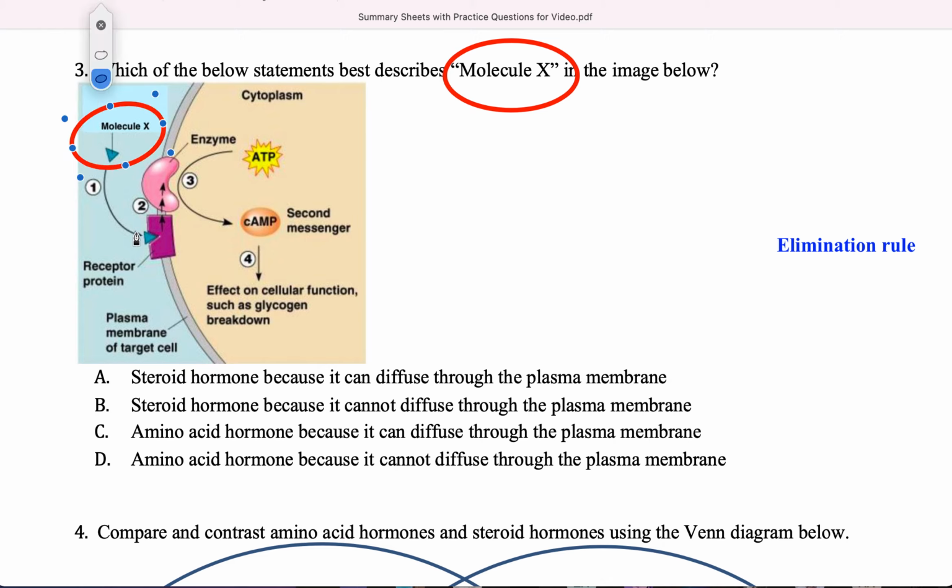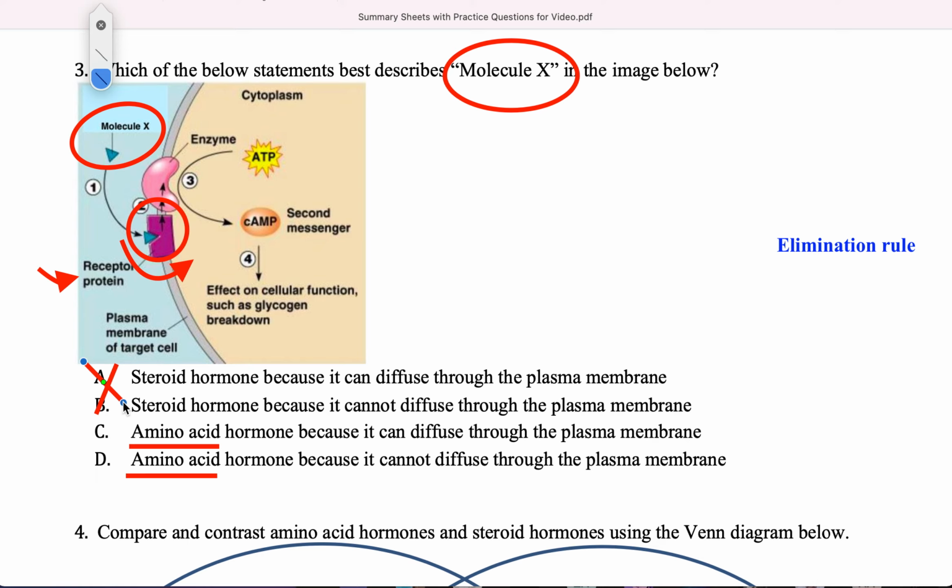This is molecule X. It is going into the cell, but before it goes into the cell, it binds with this thick pink thing, and they label the pink thing as a receptor. So any hormone that binds with the receptor, we know that it is called an amino acid hormone. So either this or this. Definitely the answer cannot be A nor B. So that's what we have to focus on.